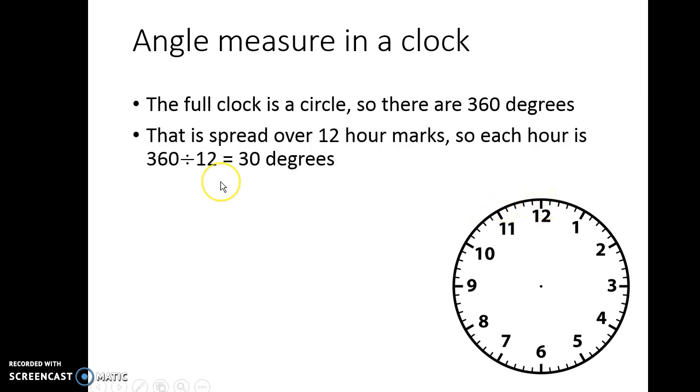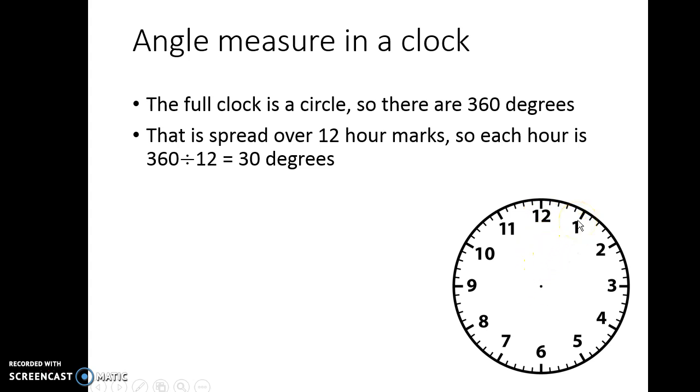If we divide that 360 degrees then into these 12 hour-long chunks, then there must be 360 divided by 12, or 30 degrees in between each hour measure. So if I had an angle that went like this, that would be a 30-degree angle, right?